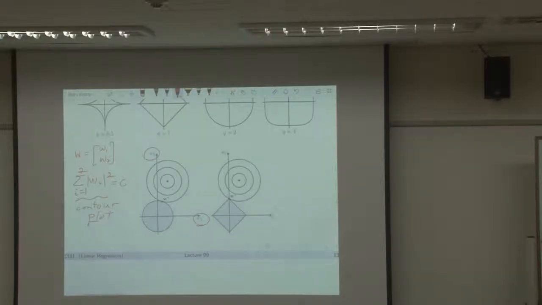So here are different values of C. It will be circles. As you go out, bigger C values make these contour points.